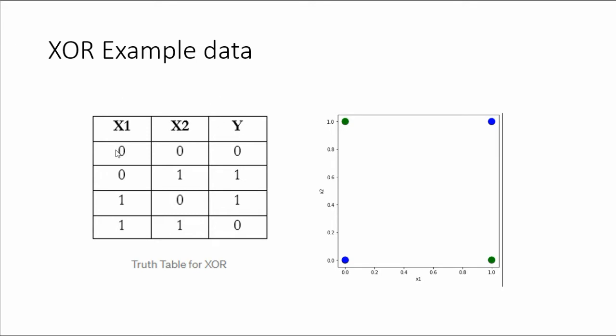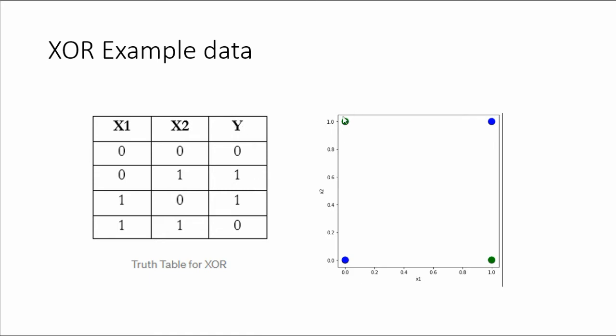When both of the input data are the same, the output will be 0, while when the input data are different, for example when x1 is 0 and x2 is 1, the output will be 1.